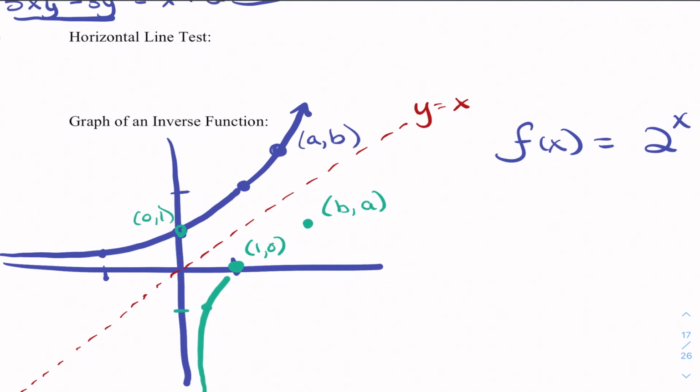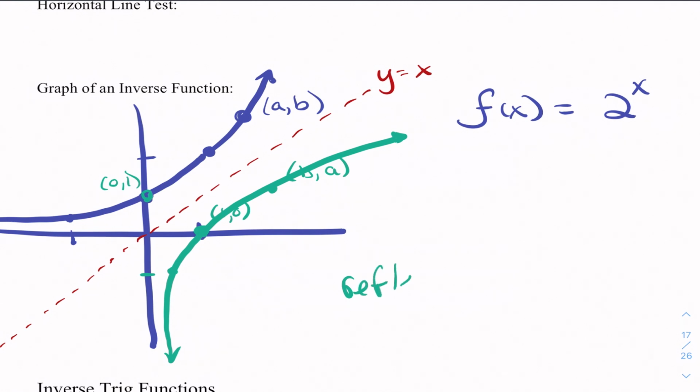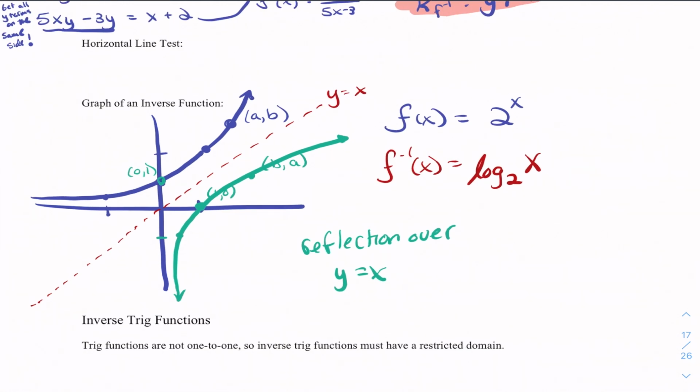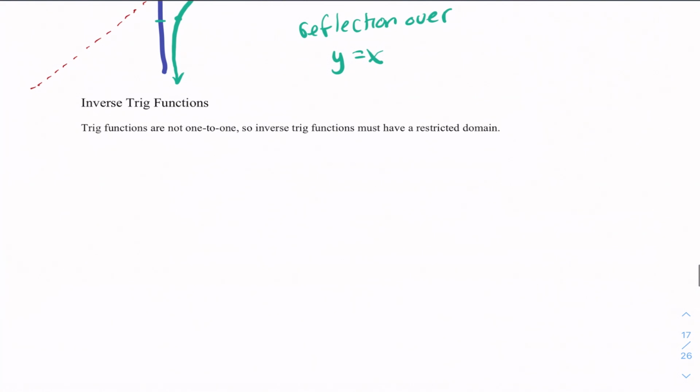And so we get this inverse function, which is the reflection over y equals x, and we get our inverse function of log base 2 of x. That is the visual that we're doing when we're switching the x value with the y value, which then allows us to talk about our inverse trig functions, which I told you are a little bit different.